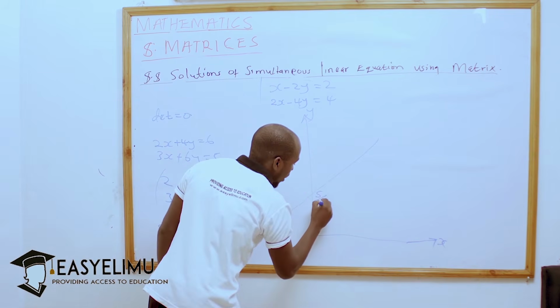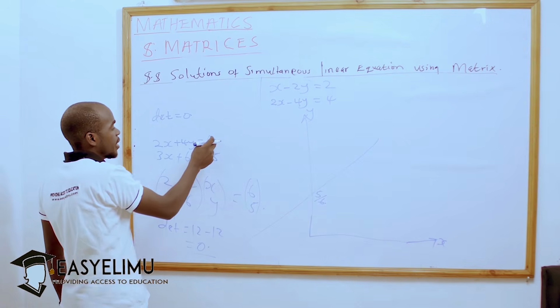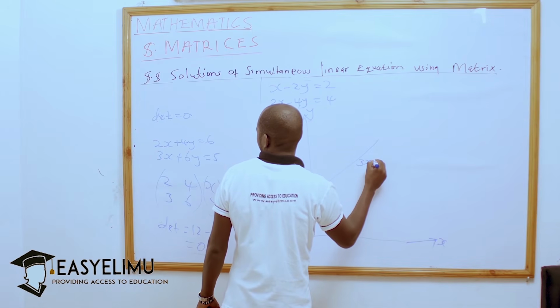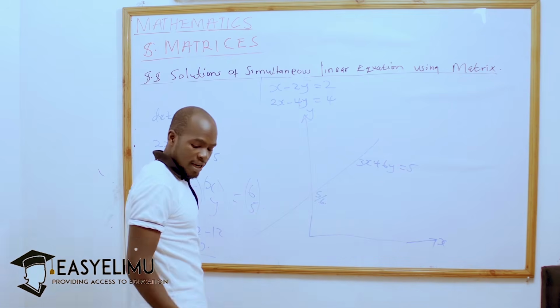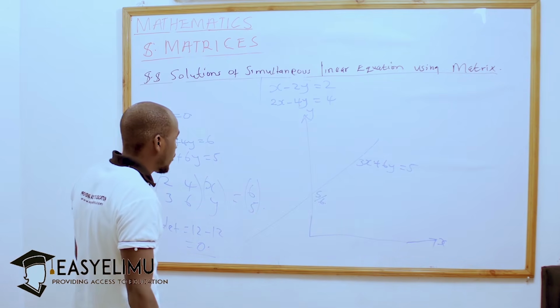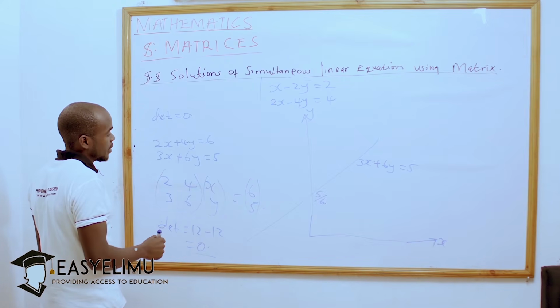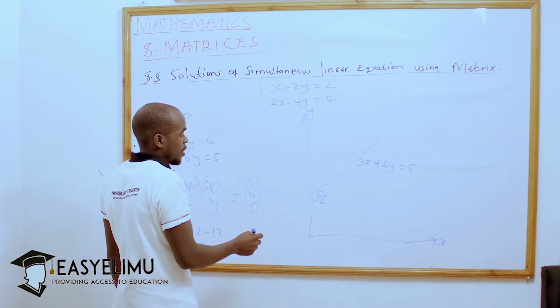So it is cutting the y-axis at 5 over 6. The other one here is 3x plus 6y equals 5, and it cuts the y-axis at 5 over 6. The other one cuts the y-axis at 3 over 2, that is 1.5.